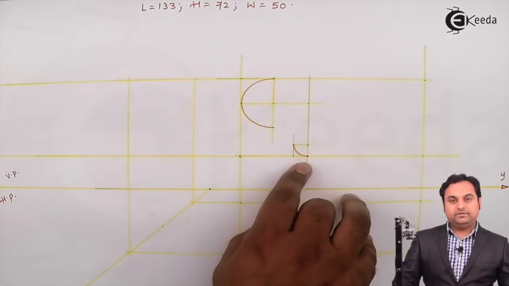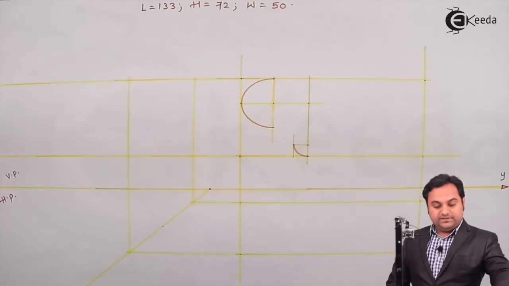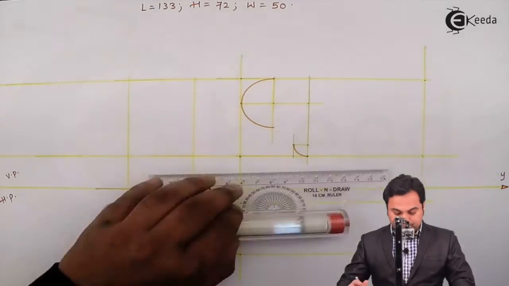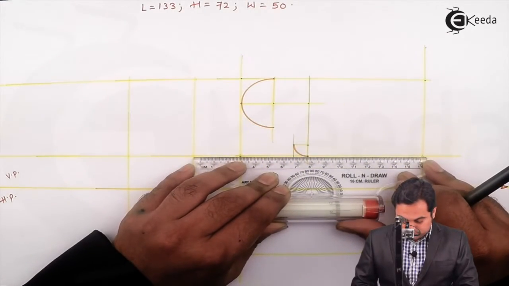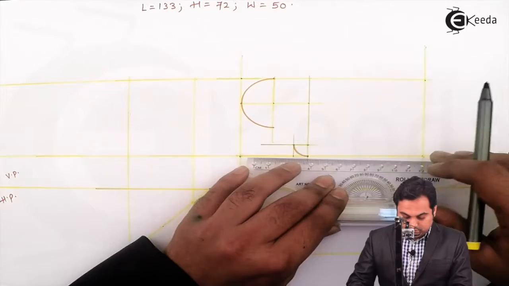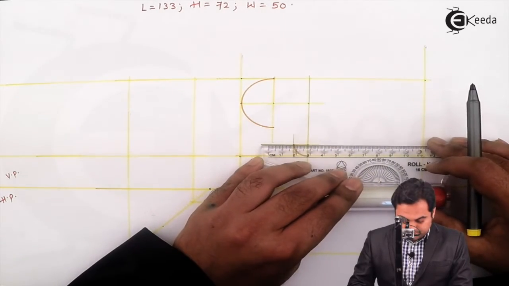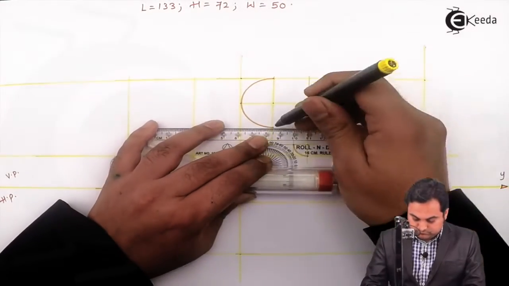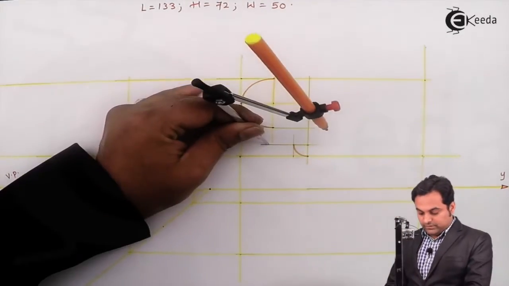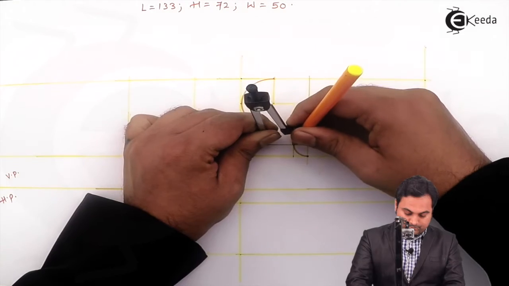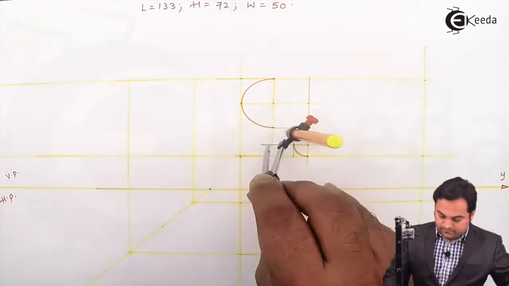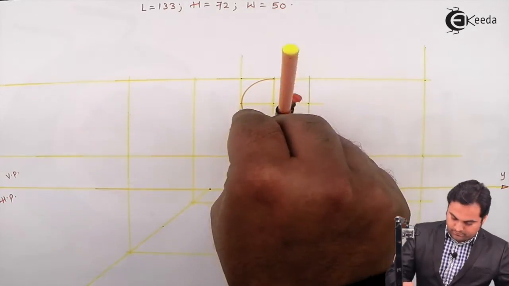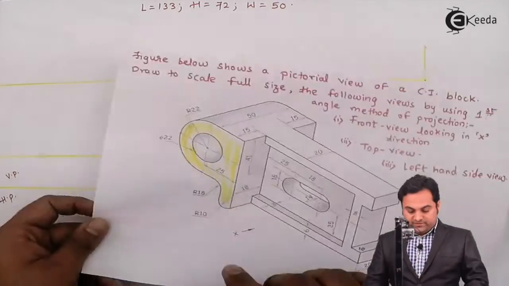Now where this 10 mm quarter circle is ending, there is another arc of 18 mm. So after that, I'm projecting it light, measuring 18 mm, taking this center, measuring the radius, which is 18. This is the portion which we are getting here.